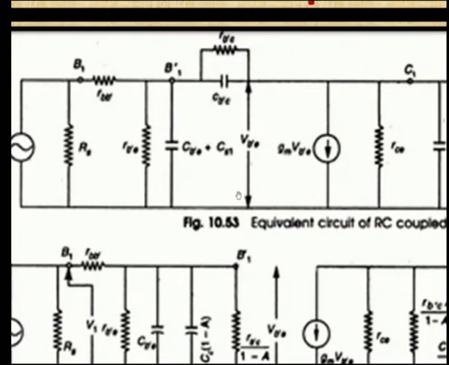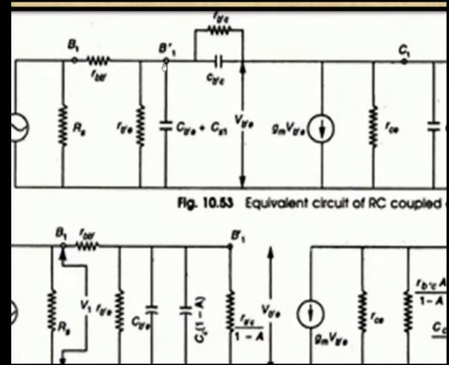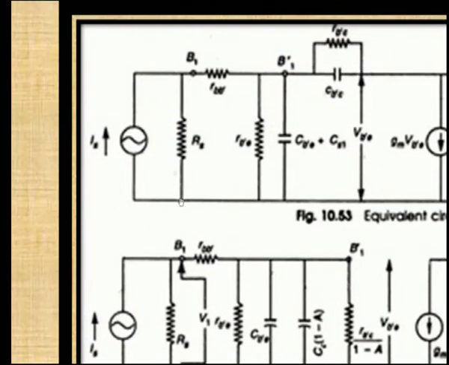And we know that this is a common emitter configuration, because all the parameters have E in the suffix, and the base terminal is here, and at the collector terminal we are taking the output. So this is the common emitter terminal, and this is the base terminal, and here this is the source resistance in shunt with the current source.